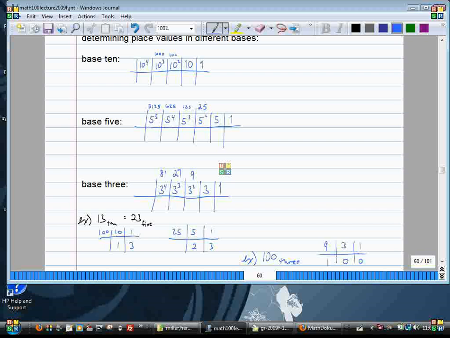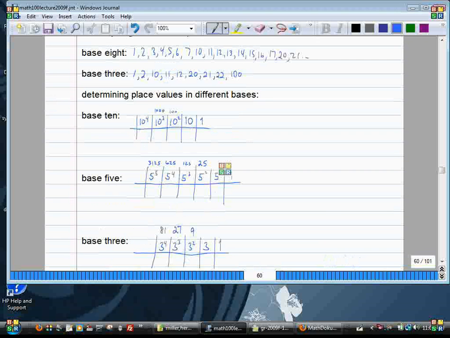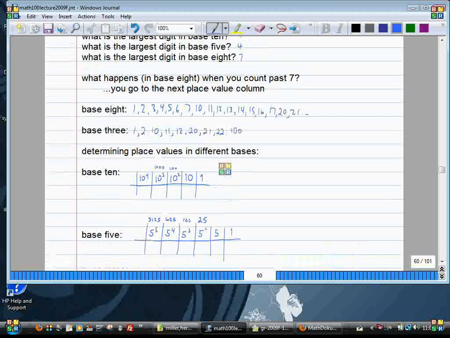Another way to confirm this is the simple way, which we're never going to do again: go back and look at the base 3 counting.